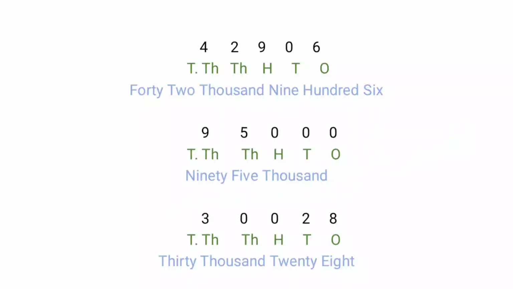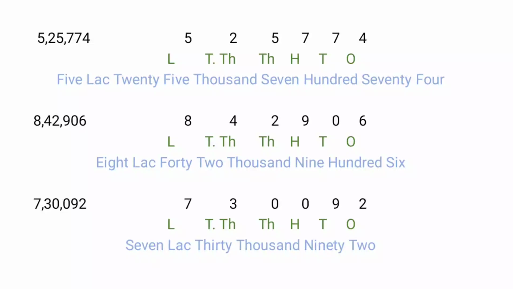Similarly, we can write this number as 30,000. 0 on hundreds will not be counted, and 28 is 28. So the total number will be 30,028.